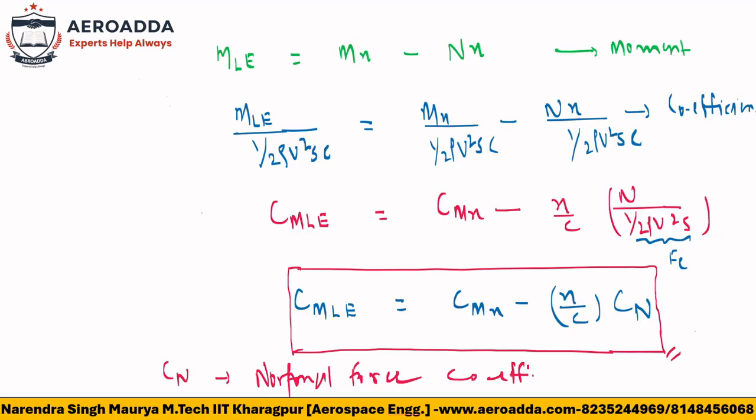Direct result also we can write, but I would say you just write a few steps. In a problem, they can ask for the moment coefficient at any point, because here I am writing the moment coefficient about the leading edge. If you know the method, you can easily calculate.